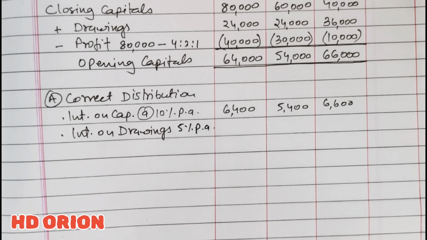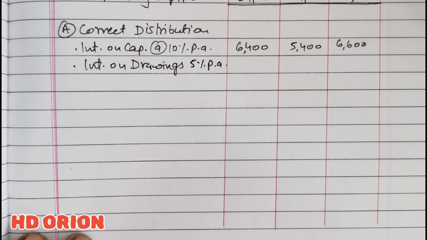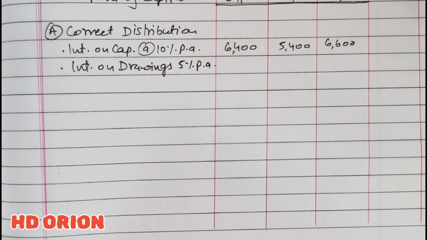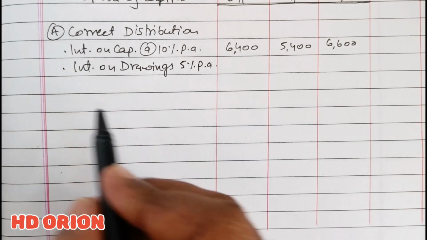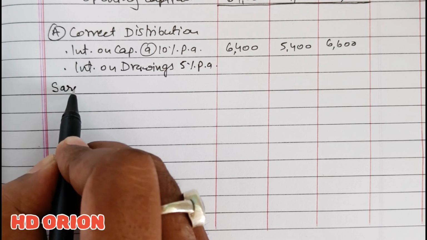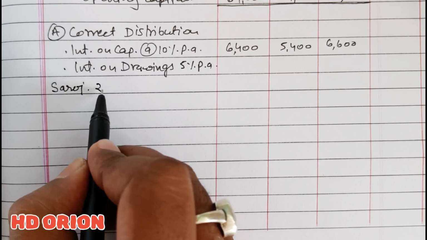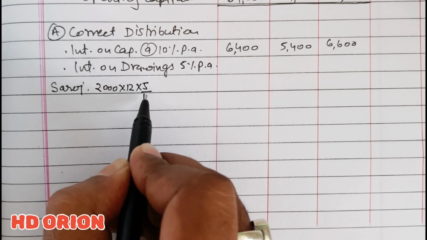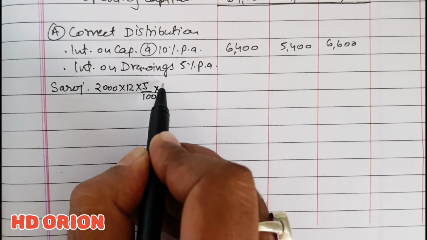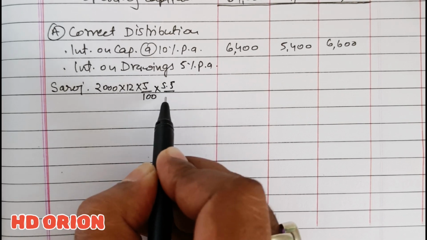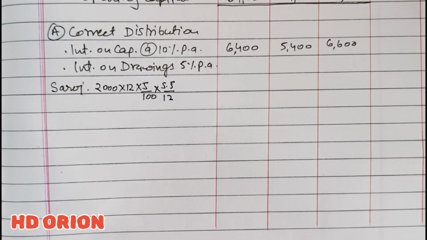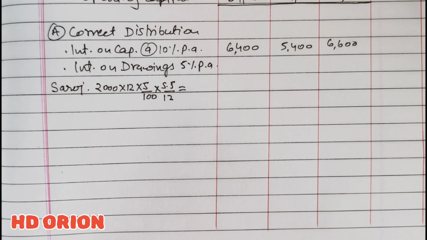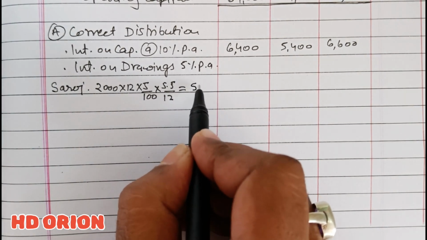Now in order to calculate interest on drawings, we have to check the details because they have withdrawn at different times. Fine. For partner Saroj, let us calculate. Saroj has withdrawn rupees 2,000 per month and rate of interest is 5% and he has withdrawn at the end of every month, so at an average period of 5.5 months, and the amount is rupees 550.